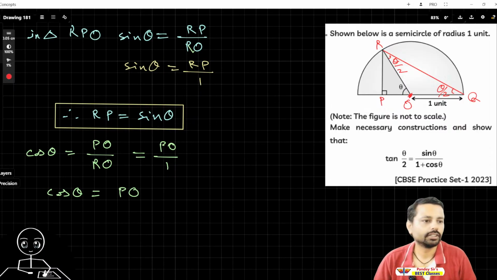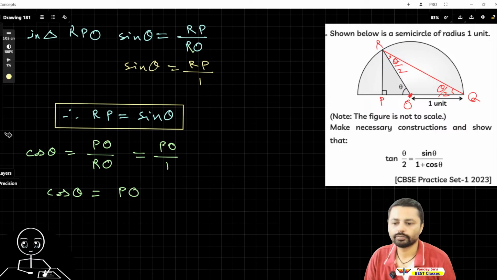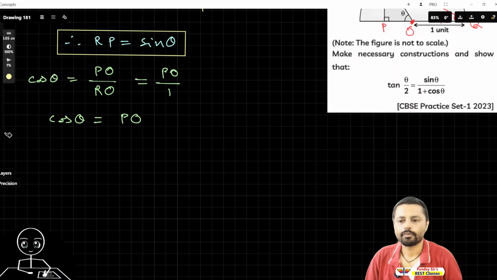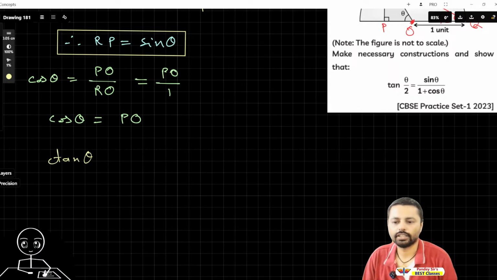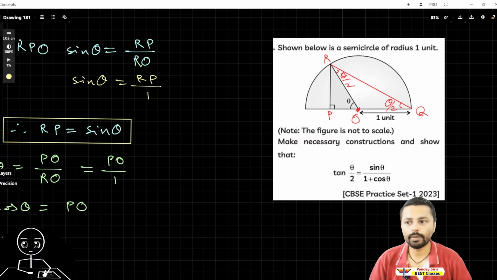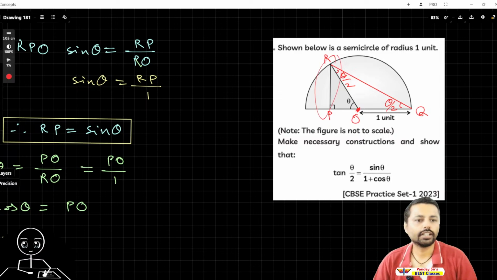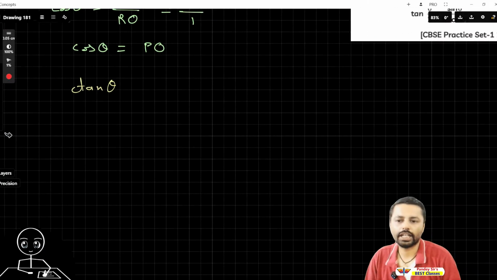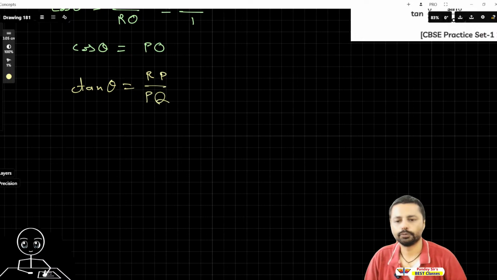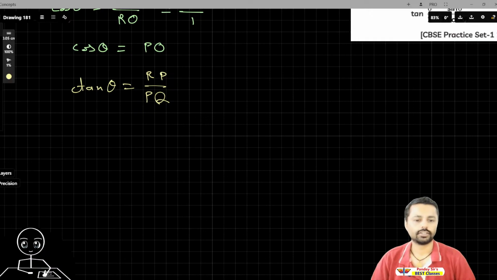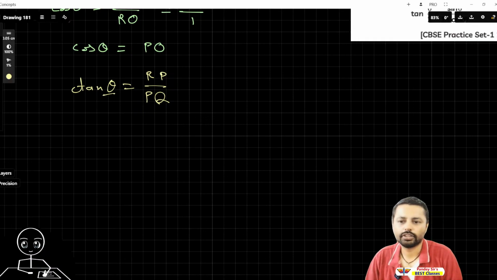Observe this theta by 2. And what will be the value of tan theta? Observe here, tan theta is perpendicular by base. So perpendicular is this RP and base is PQ. So tan theta by 2 actually equals RP by PQ.